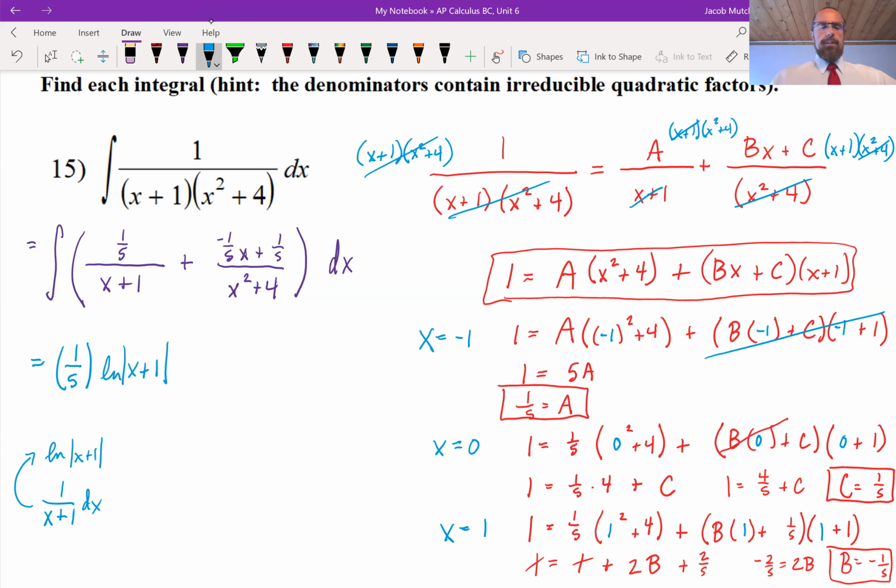Now for the integration on this next one, I'm also going to factor out a negative 1/5. And what that's going to leave me in my numerator, if I just write this here, it's negative 1/5 times x minus 1 over x squared plus 4.